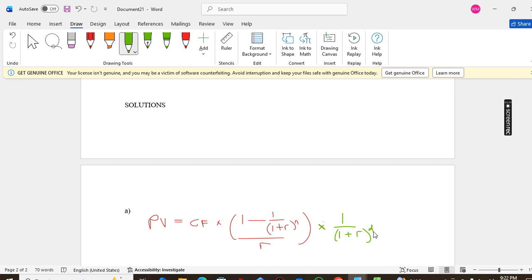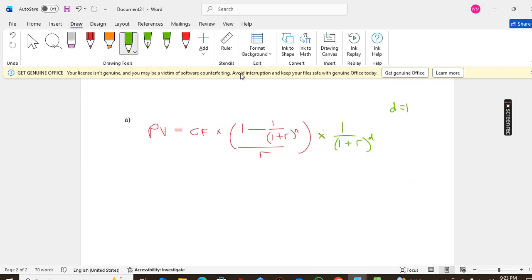So since we're going to be paid in year 2, let's think that this is today. Next year we don't get paid, that's year 1. Then in year 2 we get paid. So it means we have a deferment of 1 year. Okay, so we're going to say D, which is our deferment, is 1 year. So D equals 1.